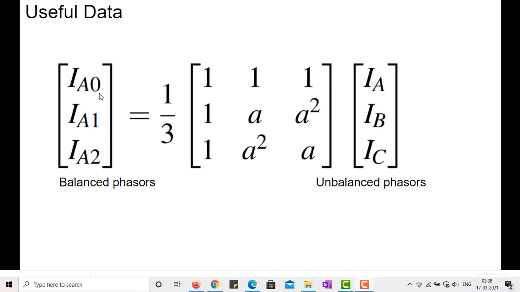Here, IA0, IA1, IA2 are a set of balanced phasors and IA, IB, IC are a set of unbalanced phasors. The matrix which is governing here is the relation between balanced phasors and unbalanced phasors, and A is the rotational operator, which is given by 1 at an angle 120 degrees.